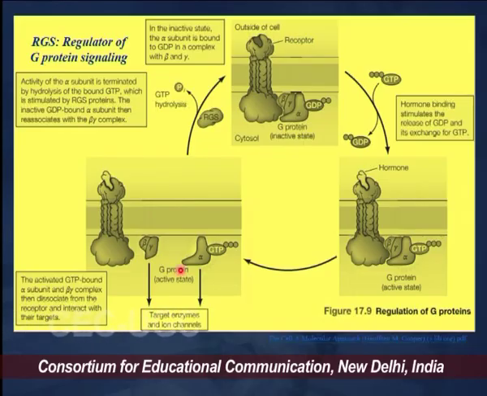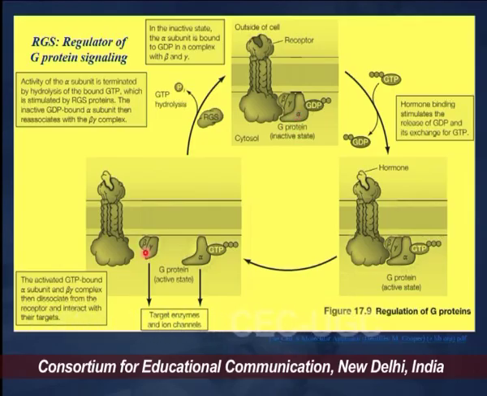The G alpha subunit will activate adenylyl cyclase. Likewise, the beta gamma subunit will target the activation of phospholipase C, PLC. Once the G alpha protein gets activated, there is a role of the RGS protein, which is called regulator of G protein signaling, which is responsible for GTP hydrolysis whenever the function of the hormone gets completed. Because of this, the inactive state is reached again.